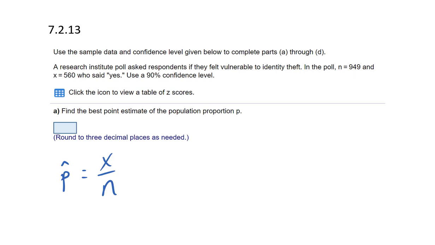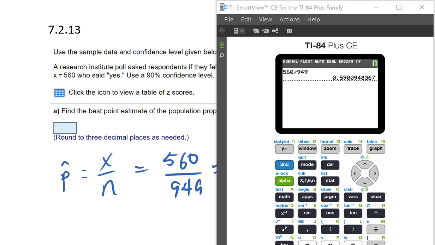So it's going to be 560 divided by 949, and we're going to get a decimal. It says round to 3 decimals. So I get 0.590.